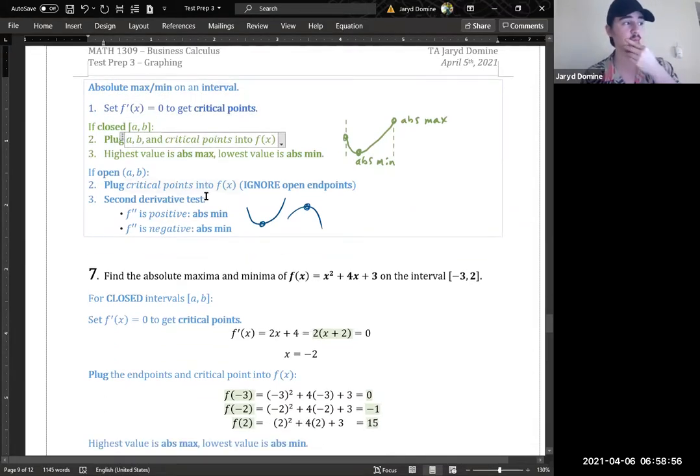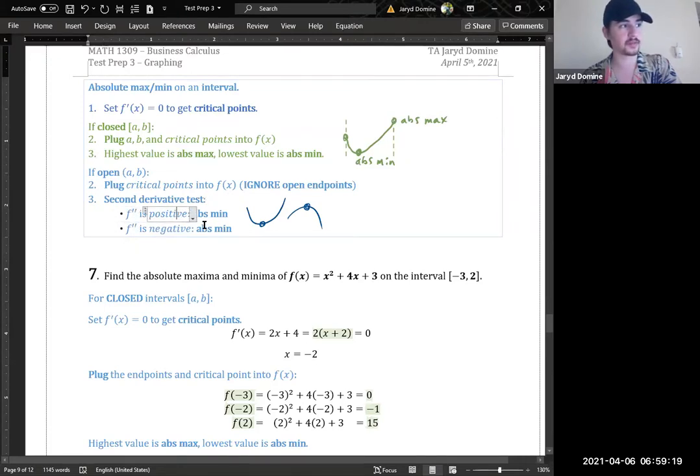If it's open, you're just going to test at the critical point. Okay, so you're just going to look at the critical point, not at the endpoints. And then in order to determine if it's a maximum or a minimum, you have nothing to compare to. You have to have another way of determining if it's maximum or minimum. And you do that by looking at the second derivative.